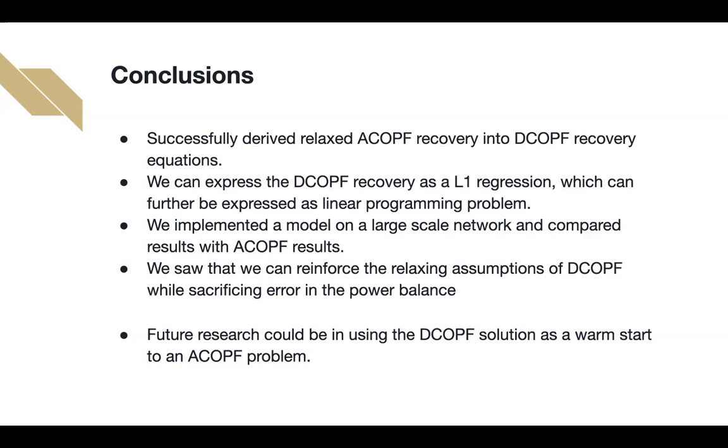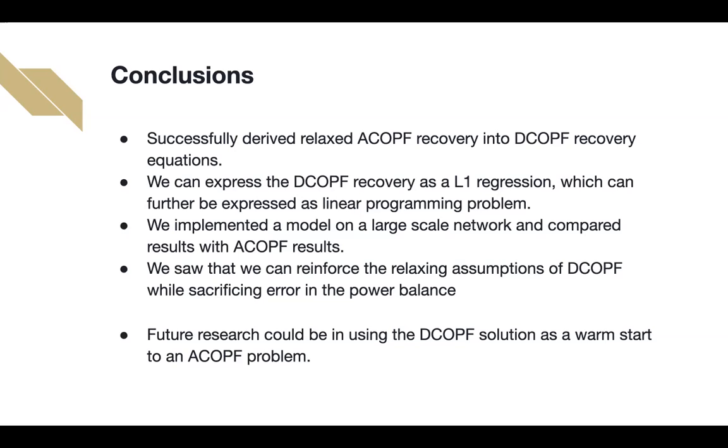And so our conclusions: we were able to successfully derive a DCOPF recovery model from our ACOPF recovery model. We're able to express that recovery as an L1 regression, which we can express as a linear programming problem, which makes it simple to solve. Then we implemented the model on a large scale network and were able to compare with our AC optimal power flow results.